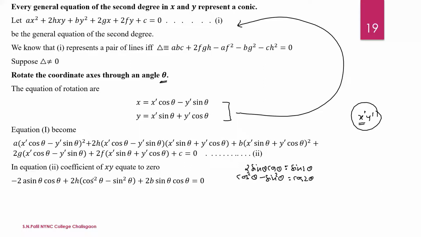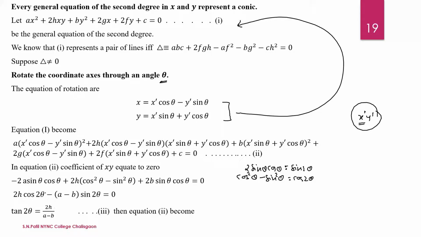Now simplify this. Here we take sine 2 theta common and minus sign common, that is a minus b, and twice h cos 2 theta. Now put this term on the right hand side, and divide by cos 2 theta and by a minus b, then we get tan 2 theta is equal to twice h divided by a minus b.